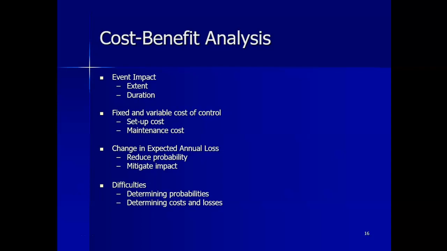Sensitivity analysis should be used to determine how changes in the estimates of costs, losses, and probabilities would affect the selection of a strategy. So in this cost-benefit analysis, we've been speaking about how you want to look at the event impact, fixed and variable cost of control, change in expected annual loss, and difficulties.